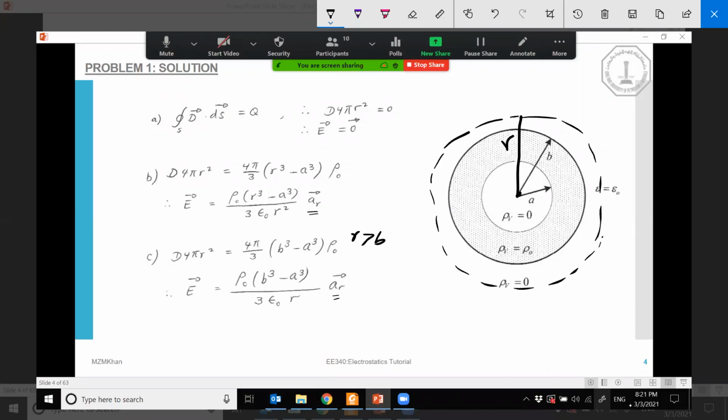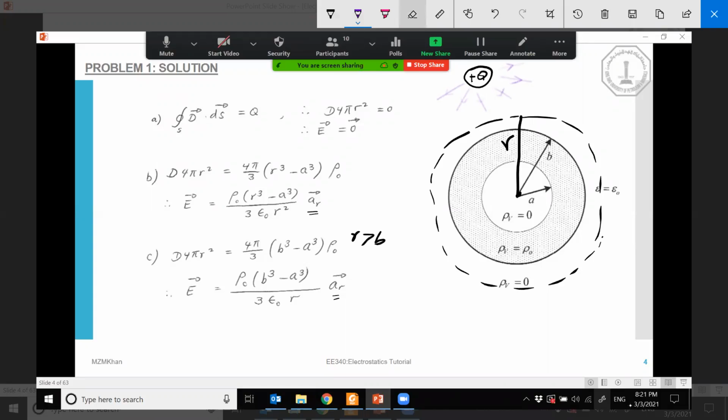What did we learn in electrostatics? That if a charge is a positive charge, then the electric field created by this positive charge will be radial in this direction, correct? So it will be radial, in the r direction, if I put it in spherical coordinates.